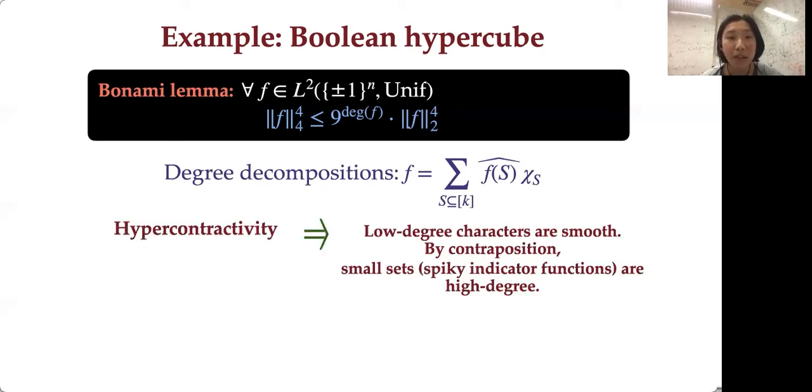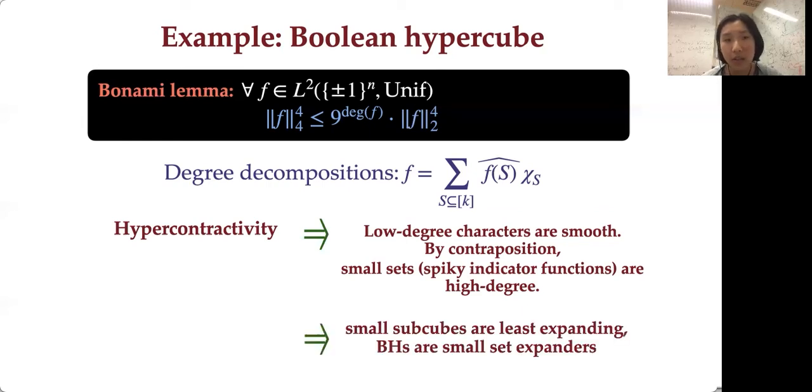Since we have this hypercontractivity for the uniform Boolean hypercube, we know that low degree characters over this domain are smooth. Therefore, by contrapositive, functions that correspond to small sets are very spiky, and those functions need to be of high degree.